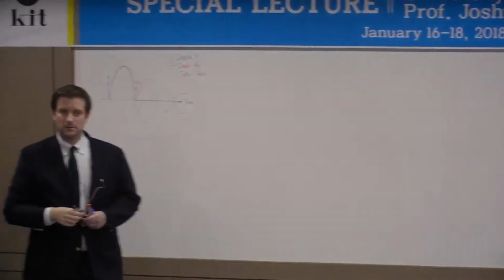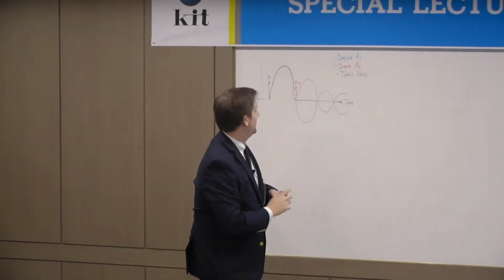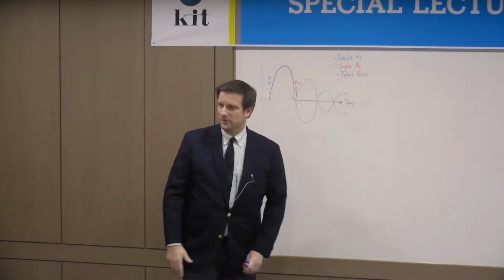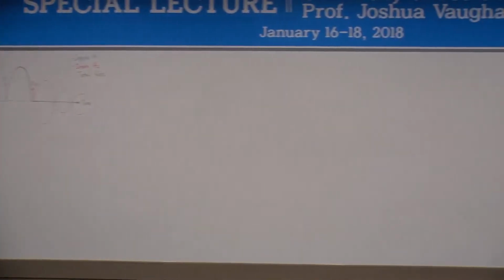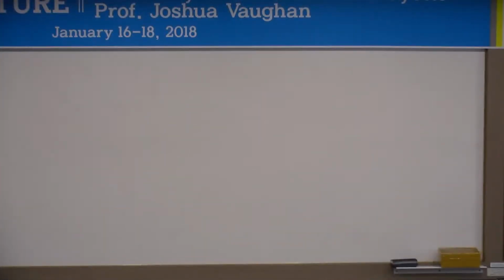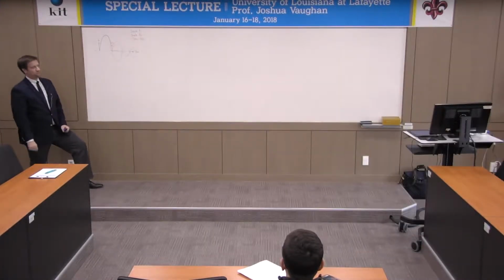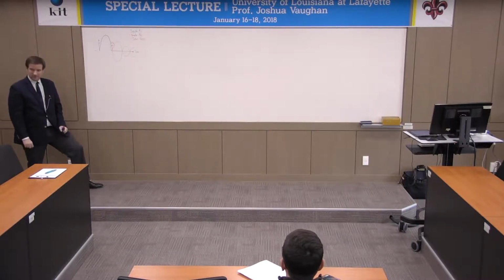Total response. What property has to hold for this to be true about your system? Yeah, so I have to pick A1 and A2 the right way, the right sizes and the right timing. Okay? But even if I've picked those correctly, there's something else that has to be true about my system for this to work.